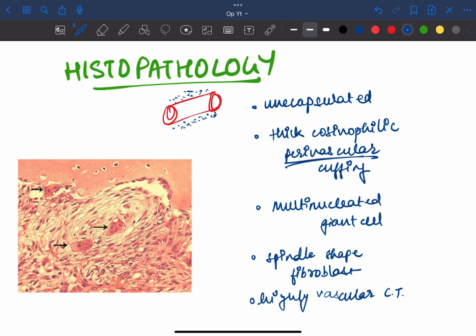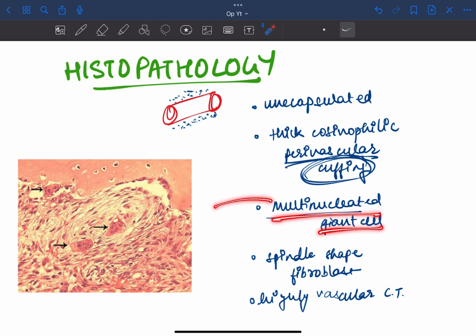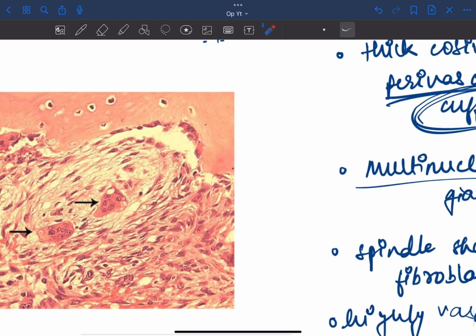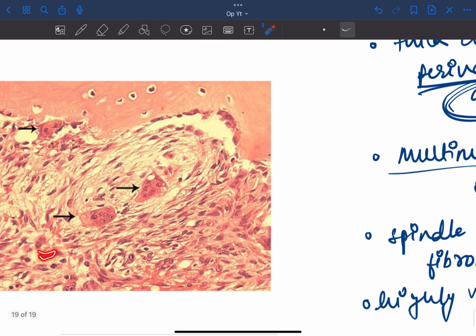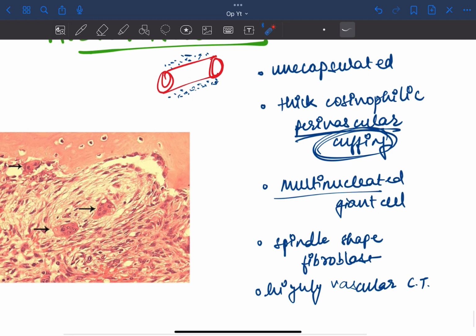That's why it is called perivascular cuffing. We can also see multinucleated giant cells. You can appreciate it in the H&E stain. There are multiple multinucleated giant cells. Then there are numerous spindle-shaped fibroblasts. These are the numerous spindle-shaped fibroblasts.